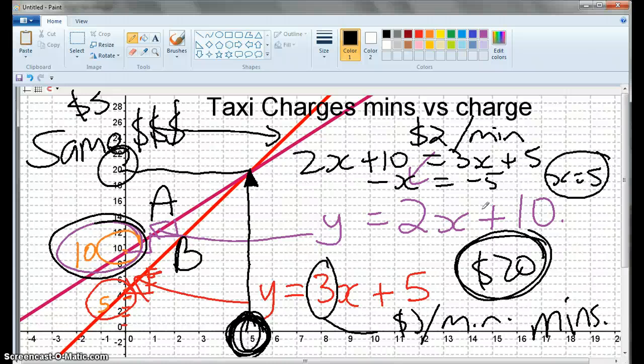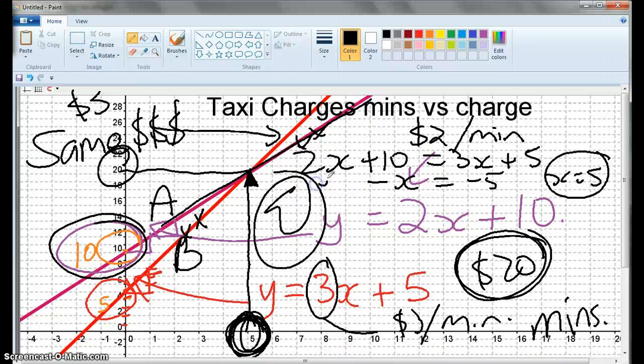Company B is cheaper than company A because the line is below this one, if you are in the taxi for less than 10 minutes. Company A is cheaper than company B if you are in the taxi for longer than 10 minutes. So that's already excellent if you can see that and talk about that.